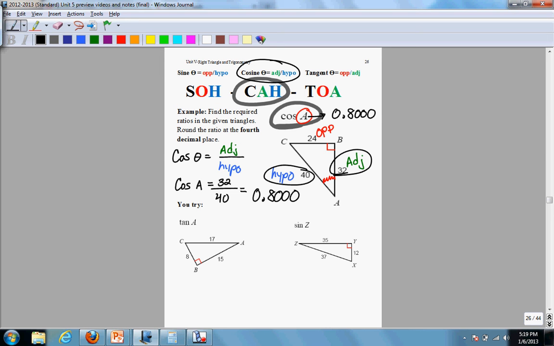I'd like you to follow this example, and I'd like you to do the tangent of A in this diagram, and here I'd like you to find the sine of Z, the sine ratio.